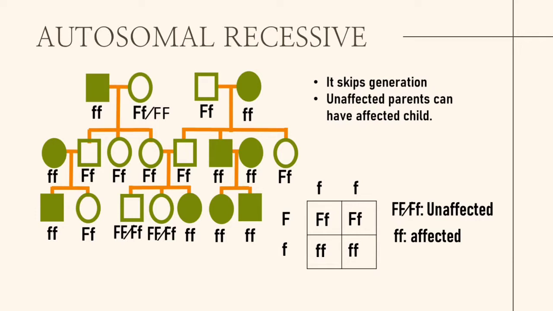Since the lolo is affected, that's the reason why one of their child will be affected as well. And the probability of having unaffected child would be 75%. Okay? Kasi nga, this one is an autosomal recessive trait. Okay? Or autosomal recessive pattern of inheritance.